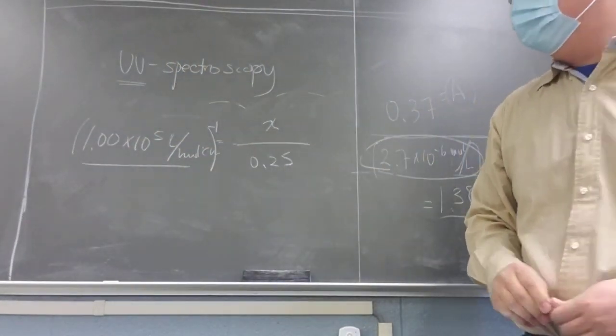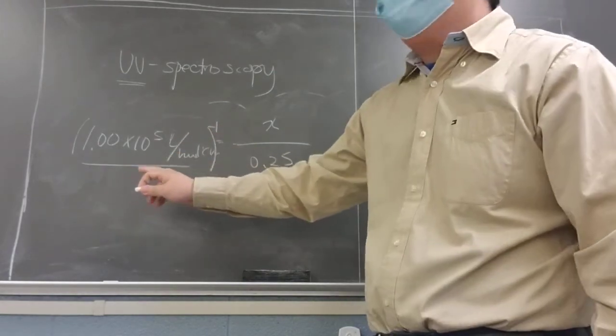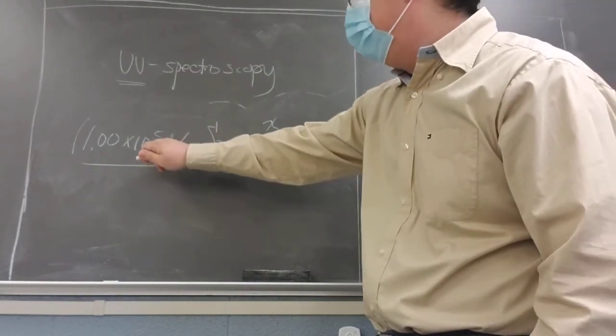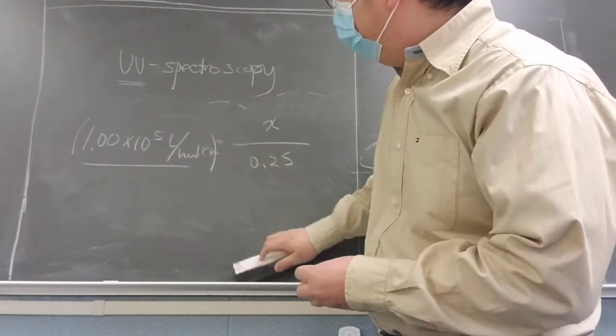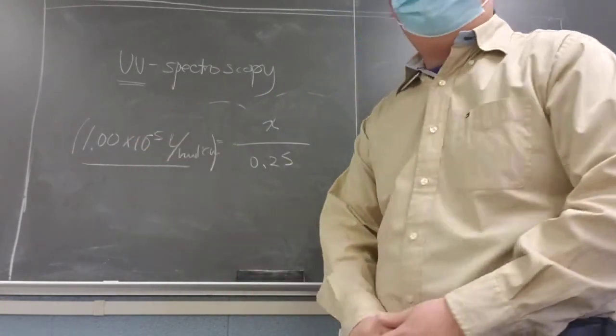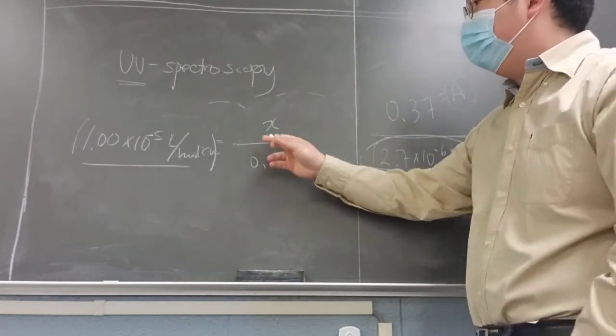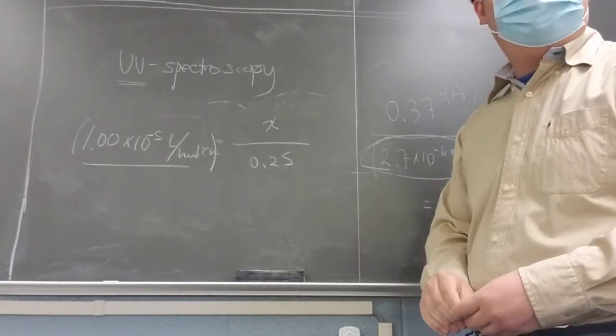So 10 to the negative fifth will be equal to X over 0.25.